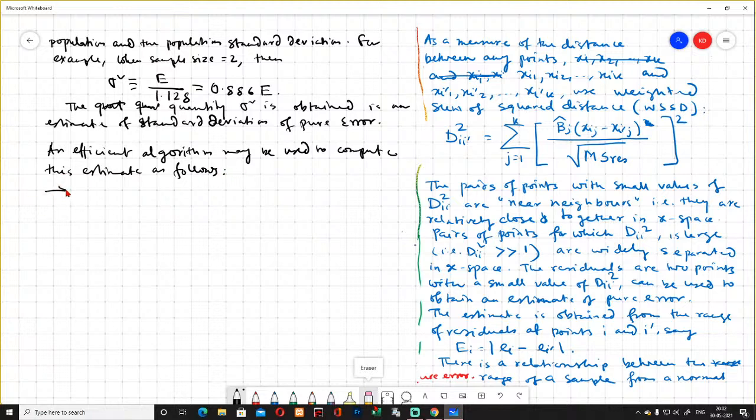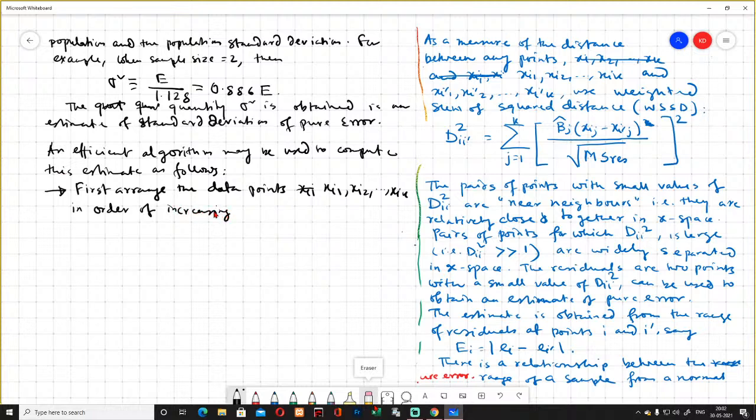Step 1, first arrange the data points xi1, xi2, ..., xik in order of increasing yi hat.